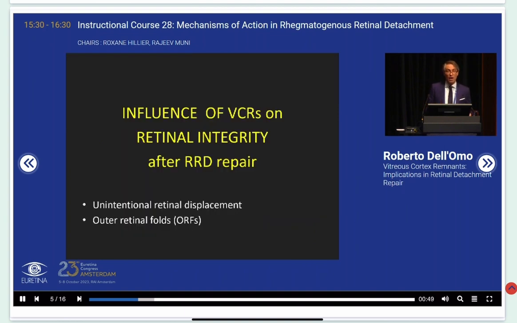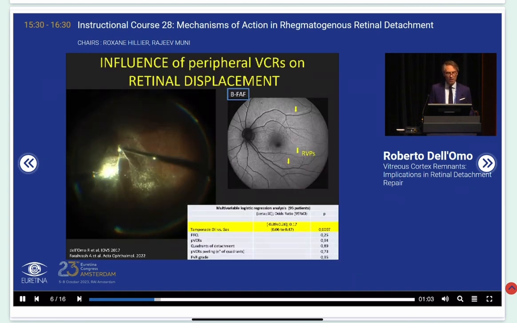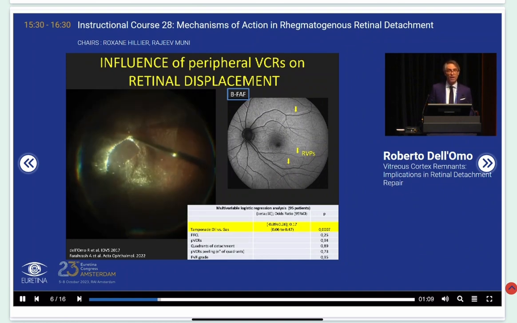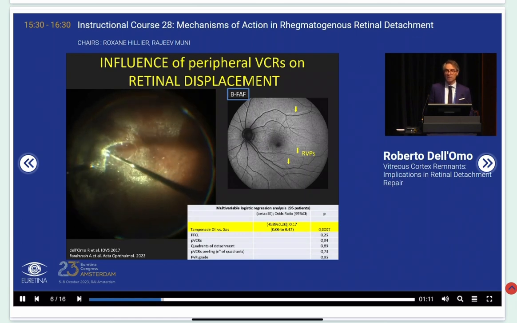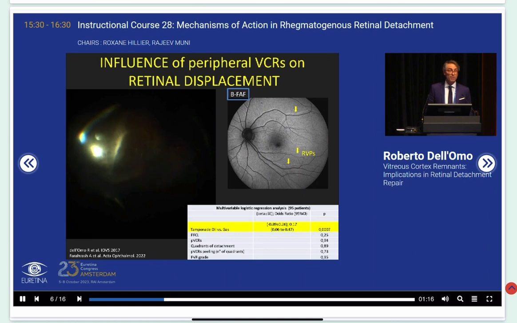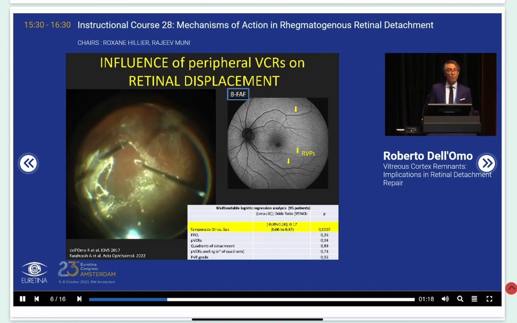In this lecture, I would like to focus on the potential influence of VCR on retinal integrity, focusing on two main aspects: the unintentional retinal displacement and the formation of outer retinal folds. Regarding the retinal displacement, we thought that removal of peripheral VCR could impact the displacement because by removing the VCR, we can make the retina more mobile.